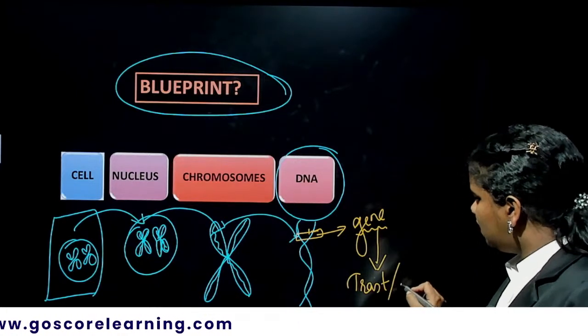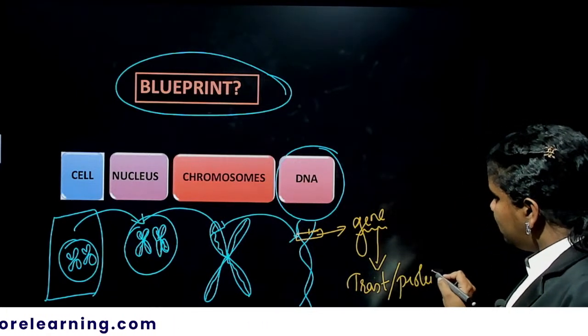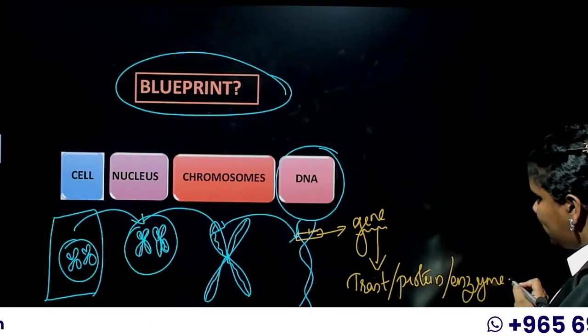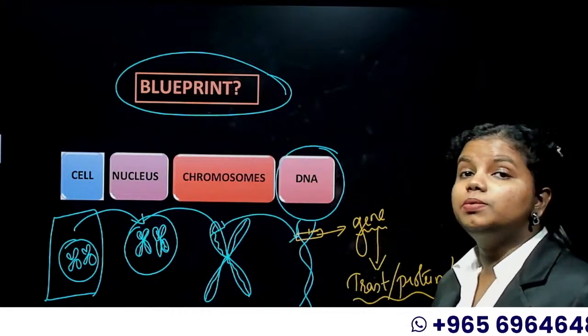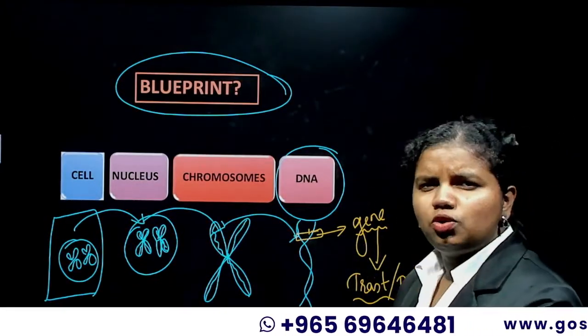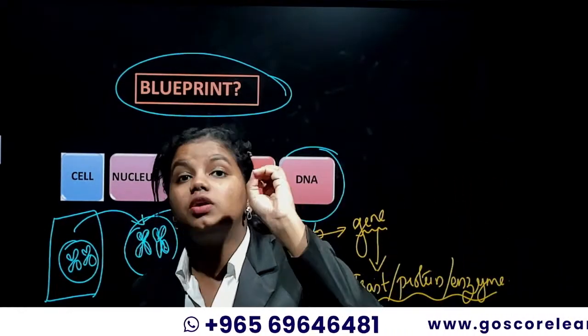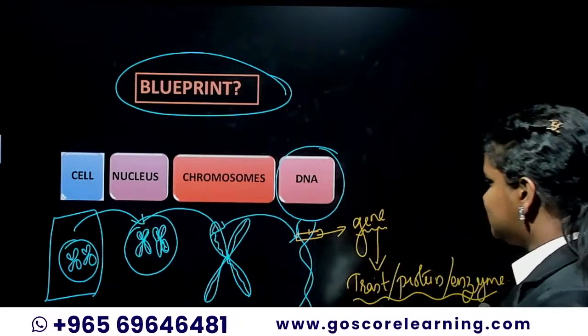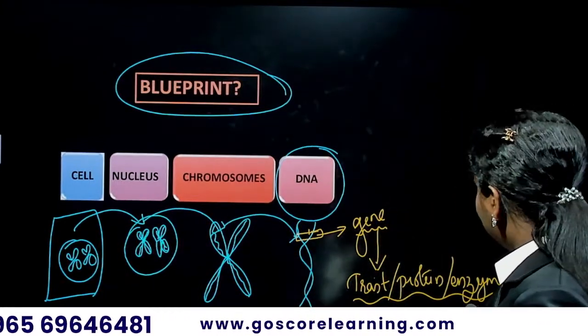It could be a protein, it could be an enzyme, etc. So there would always be a gene product out of this DNA. This is the basic concept of blueprint. No matter what kind of question comes with the word blueprint, this is what you have to explain. Is that clear? I hope it's clear, and I'm moving on.